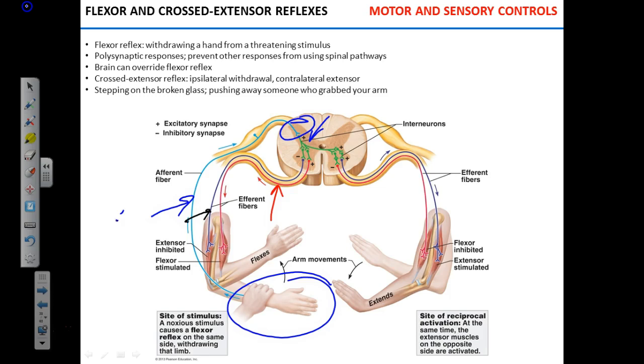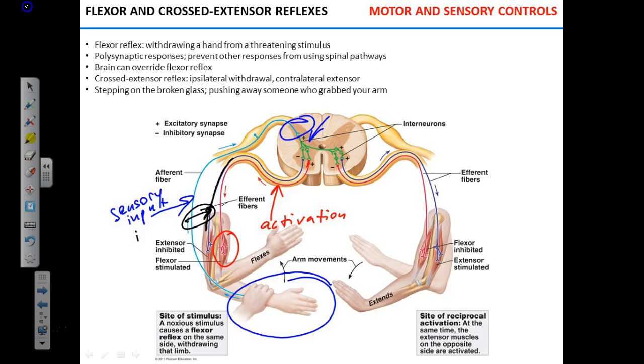So that's going to be the sensory input, right? This one that goes to flexors, what kind of signal does it transmit? Activation or inhibition? Activation. And the violet neuron and the black arrow?